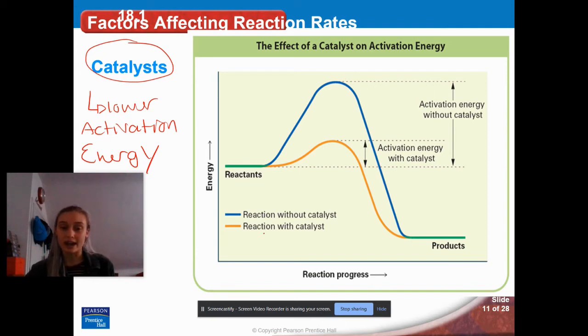But if we use a catalyst, the activation energy gets decreased. And so we have lower activation energy. So our particles don't have to be that much higher in energy than they were here. And so it's just easier to complete the reaction faster if we do use a catalyst.